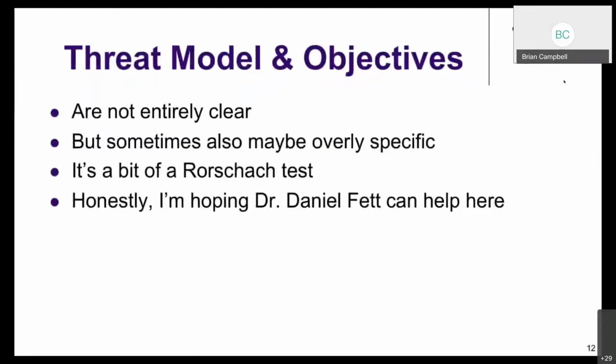In general, the threat model and objectives that we're trying to deal with have come under some criticism and need improvement a few different times. Honestly, they're not entirely clear in the document. I think we're all pretty well aware of that. But they're also sometimes overly specific.